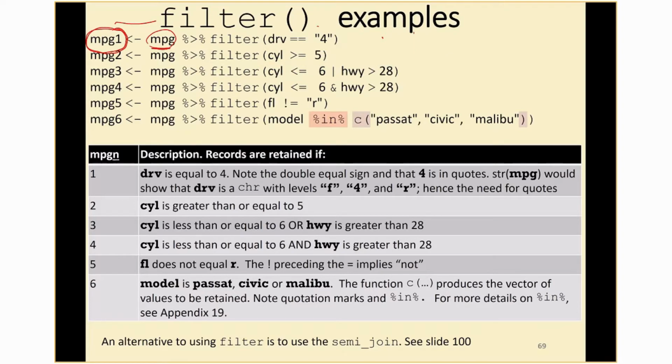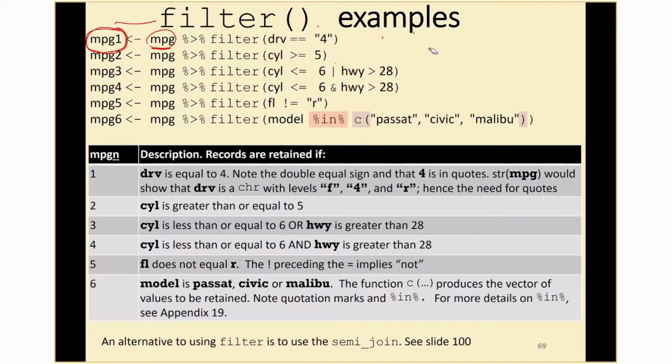The next two examples show the use of that joiner operator, the or the and. So in the first instance, we want to filter MPG to contain records that meet either one of two criteria. Either the cylinder is less than or equal to 6 or highway mileage is greater than 28.